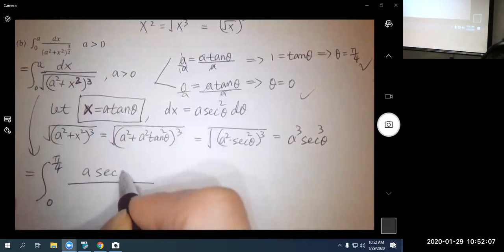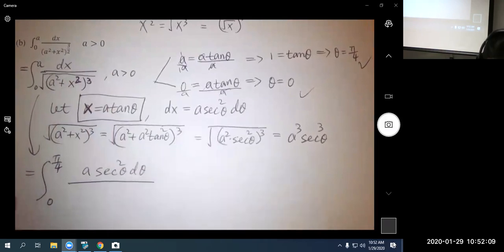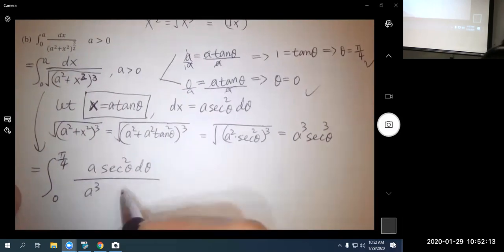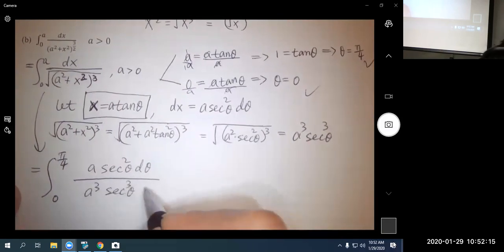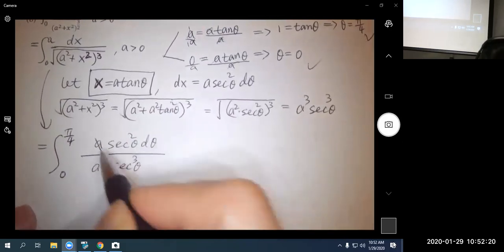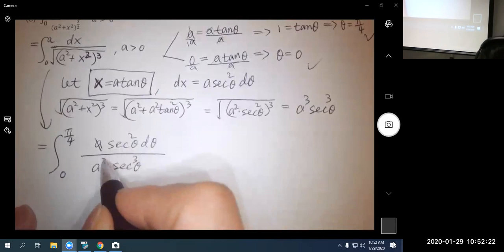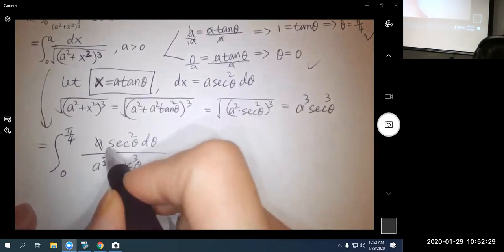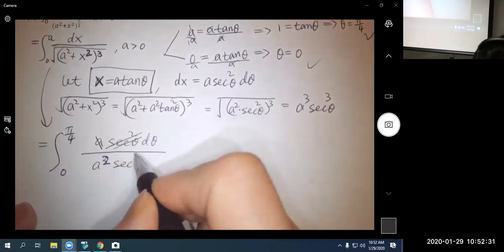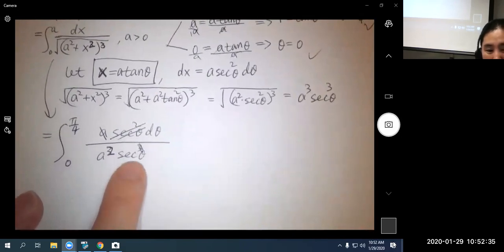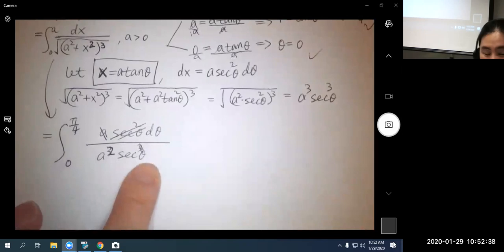So dx is a secant theta squared d theta. And then the bottom is a cubed, secant theta cubed. Right, guys? All right, so a cubed gives us a squared, which is 1 over a squared, which is constant. Secant theta squared cancels out. We only have 1 over secant of theta, right?